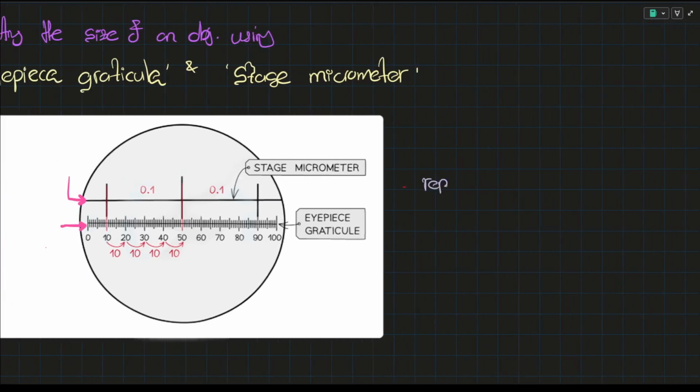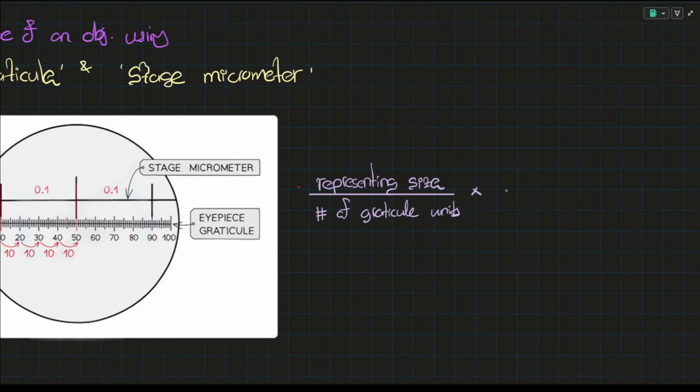Whatever size we have, the representing size, over the number of graticule units, multiplied by the number of, I'm going to use GU for graticule units, number of graticule units of size.